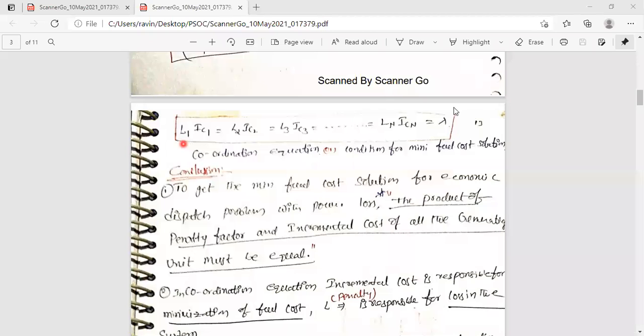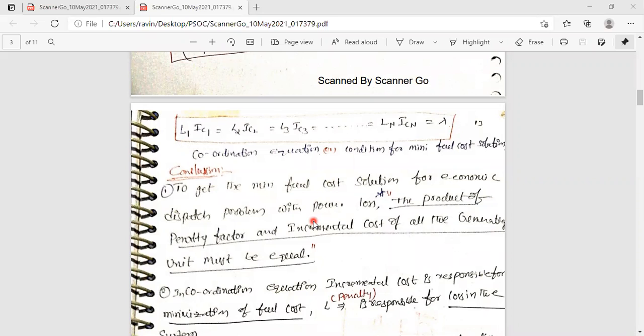Then this is also a very important conclusion. From the state board exam point of view, they ask this type of question: how to get the minimization of the fuel cost equation with loss.